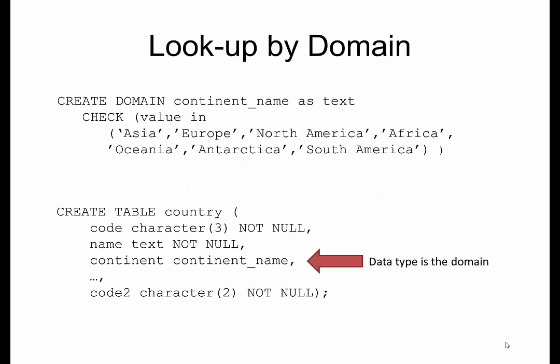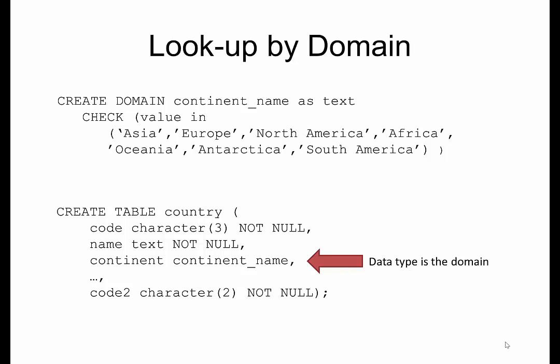Here's an alternative, and that's to create a domain object, which is a user-defined data type. So you're defining, in this case, a data type that only will accept that list of values. So in Postgres, we can create this domain. We create a domain, and we call that domain continent name, and it's a text domain.